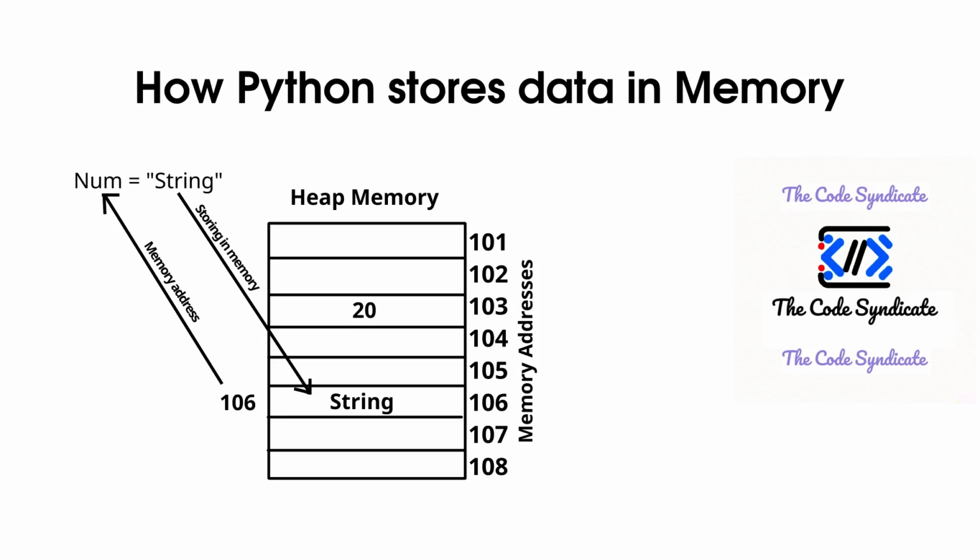Now, again, when the program requires to fetch the data of this variable num, Python now retrieves data from this new memory address. Now, the question is what happens to the earlier data that we were assigning to this variable num, that is this 20 in our case.